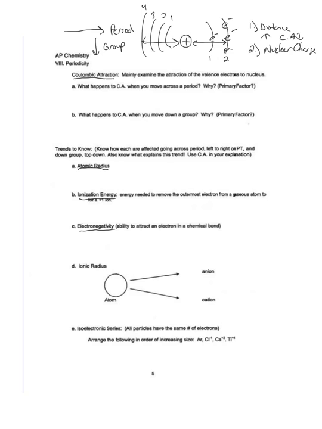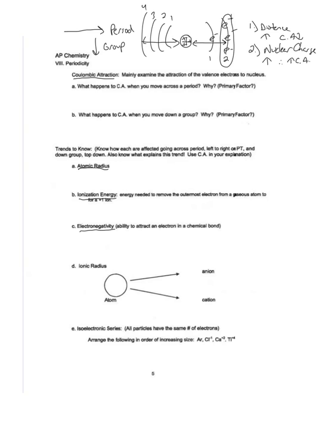When I go across the period, the electrons are being placed on the same energy level, but I'm also adding more and more protons to the nucleus. And if the nucleus has more protons in it, it has a greater nuclear charge. Since the distance variable is not changing very much, and the nucleus is gaining a more positive charge, there will be an increase in Coulombic attraction.